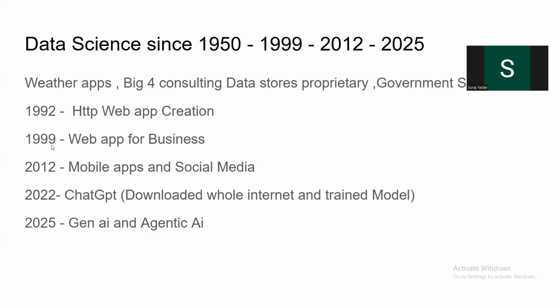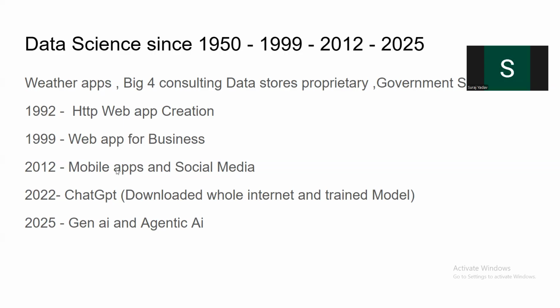Then in 2010 to 2012, we got mobile apps, when open source Android was released. Everybody was able to download apps through the App Store, whether Android, iOS, or even Windows from Microsoft.